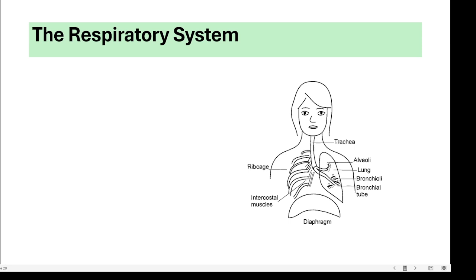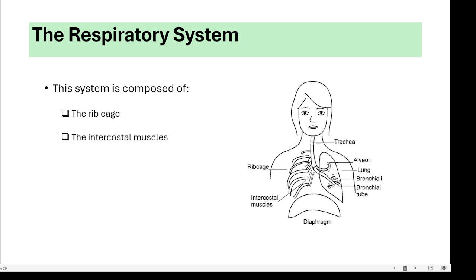Now let's describe the respiratory system from its anatomical point of view. This system is composed of the rib cage, which is a bony structure that encloses and protects the lungs. The intercostal muscles, which are muscles that are located between the ribs. The diaphragm, which is a large muscle located at the base of the rib cage.